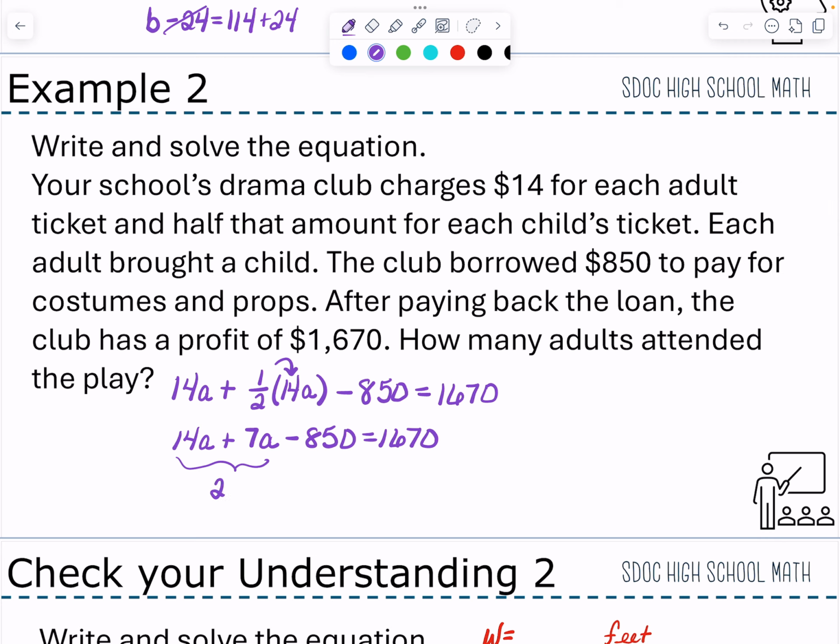So that gives me 21a minus 850 equals 1,670. So we've got 21a equals 2,520. And then when we divide both sides by 21, a equals 120.